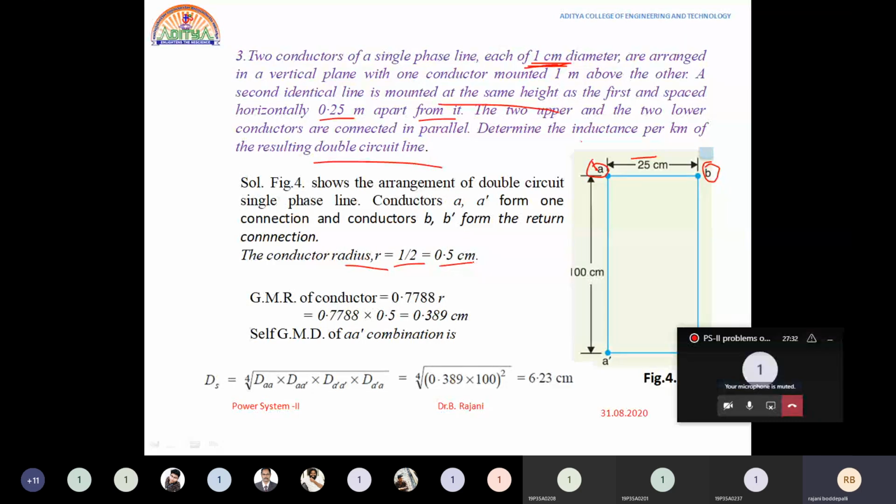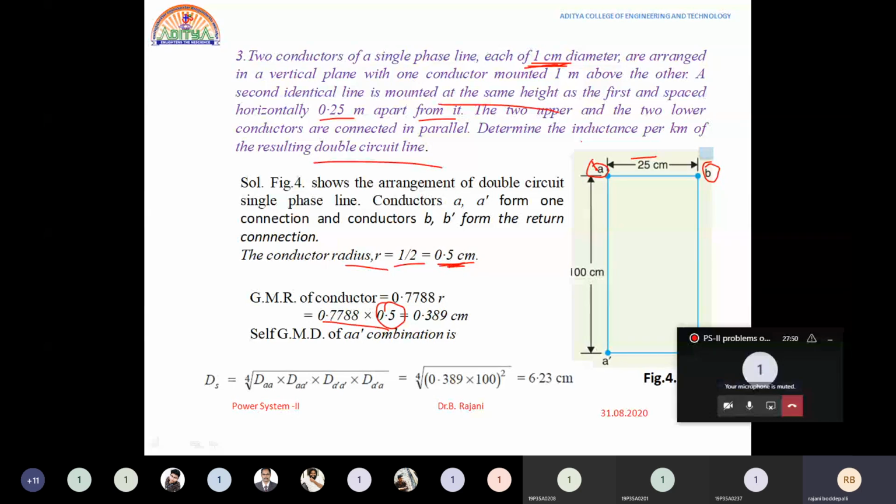How to find the self GMD? What do you mean by self GMD? Self GMD is for the conductor A itself. What is the formula for it? It is 0.7788 into R. What is R over here? R is 0.5 centimeters.